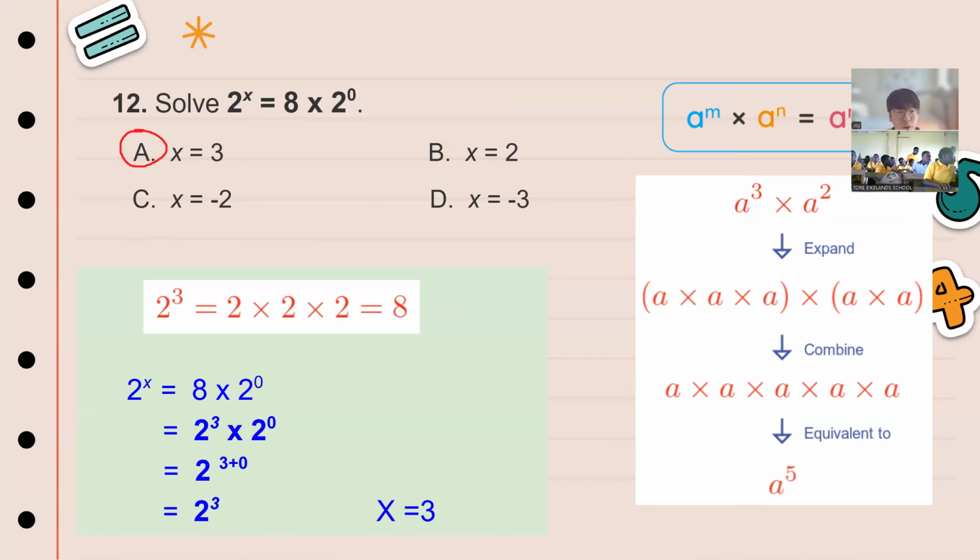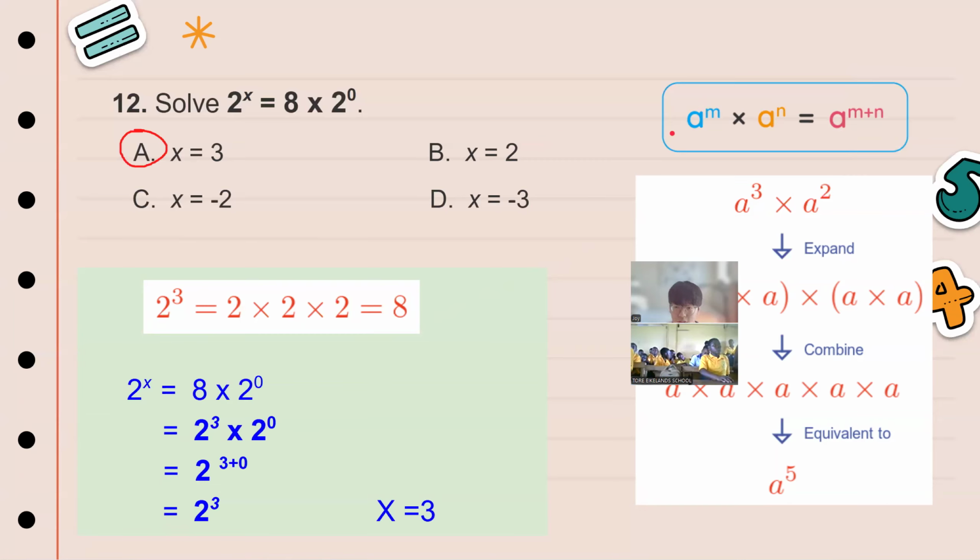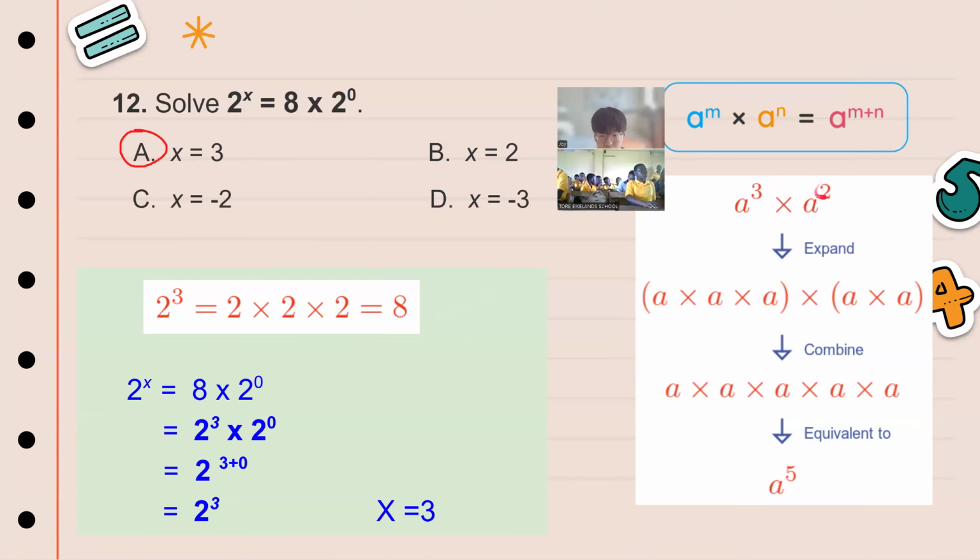So when you're multiplying two numbers that have the same base and different powers, you can add the powers together. So for example, a to the power of 3 times a to the power of 2 equals a to the power of 5. You add 3 plus 2 in the exponent.